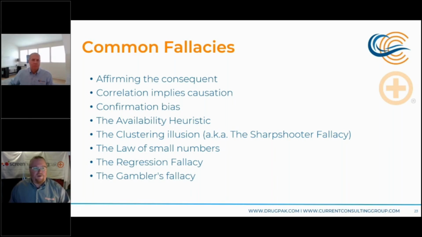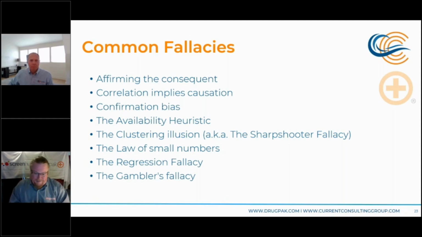So next we have the clustering illusion. The clustering illusion is the tendency for us to see clusters of data as being important. If there's a cluster of something, then that is significant to us. Our eye is drawn to the cluster. This is also called the sharpshooter fallacy.